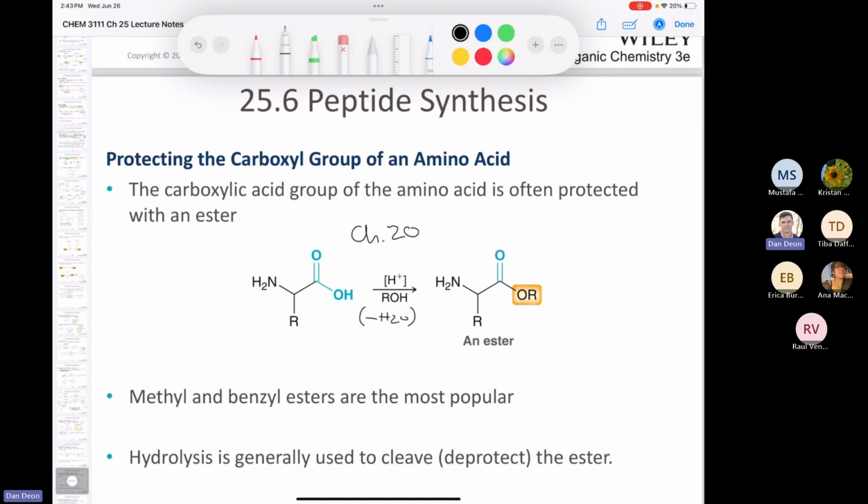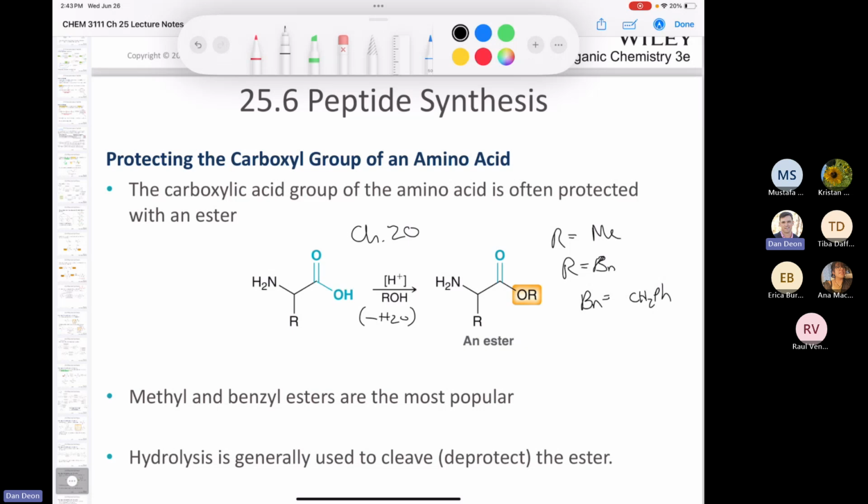So what are some popular types of esters to make? When it says R here, if it's a methyl group, those are great. If it's a benzyl group, so if you're not sure what a benzyl ester is, when R is equal to Bn, that's benzyl, and benzyl is equal to this CH2Ph, okay? So either one of those is a really good ester to have.